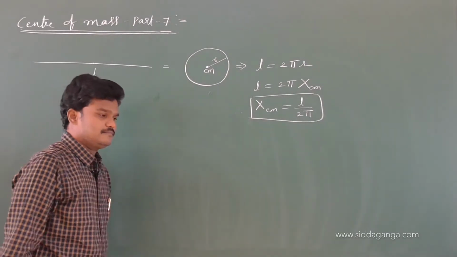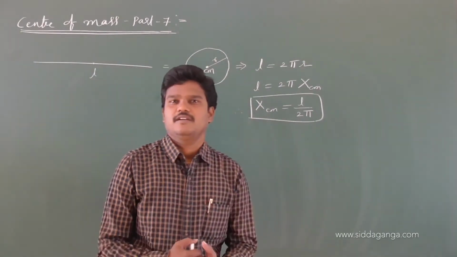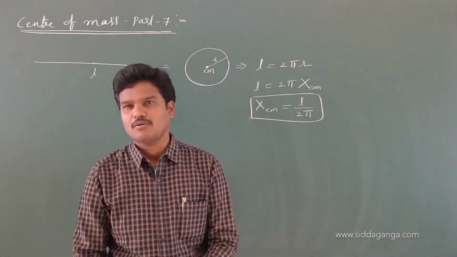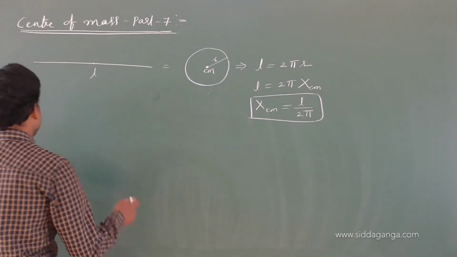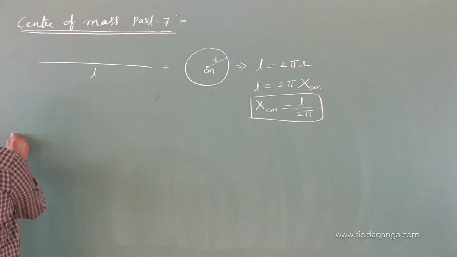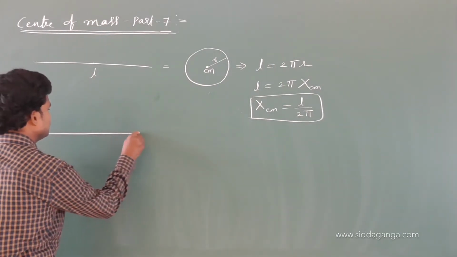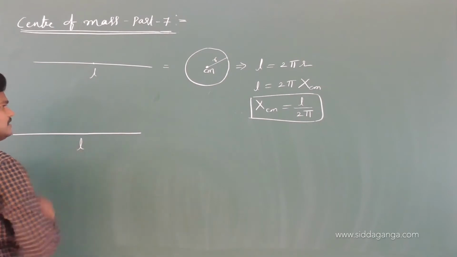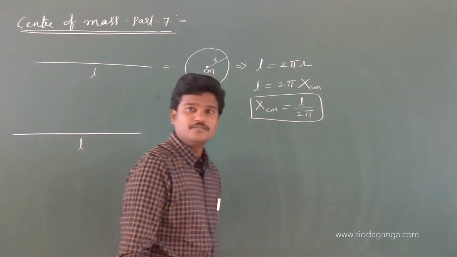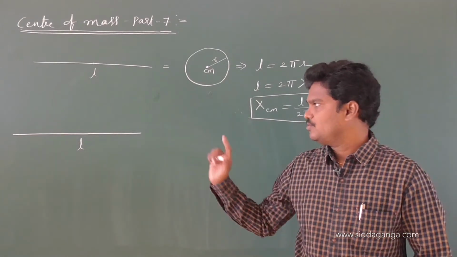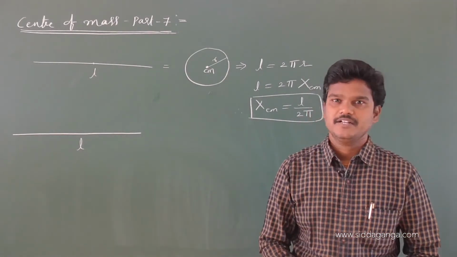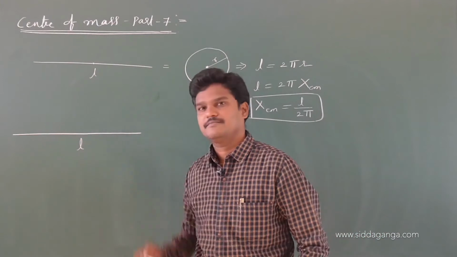And see, they gave again a uniform rod, a thin rod or a wire. They gave a uniform rod whose length is L. Initially the center of mass is here.